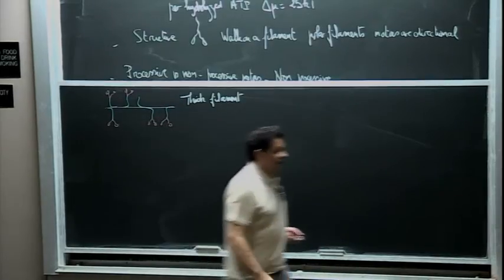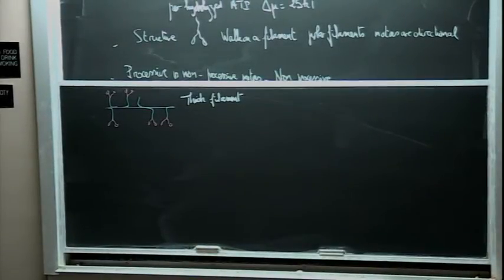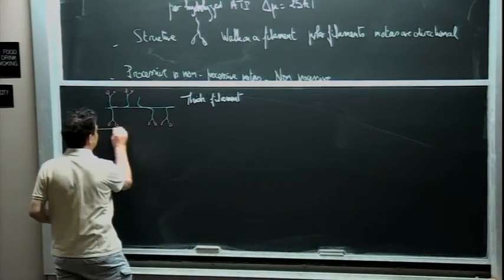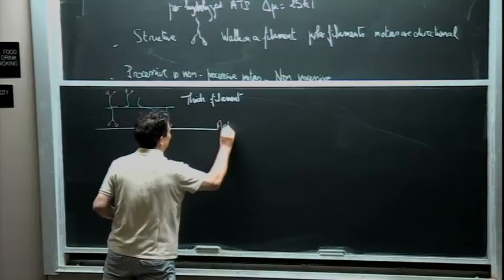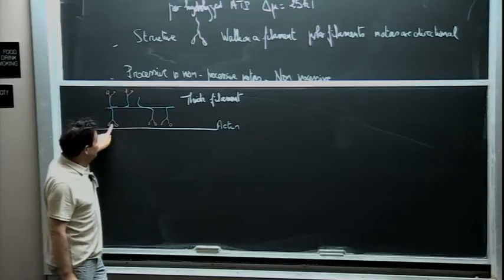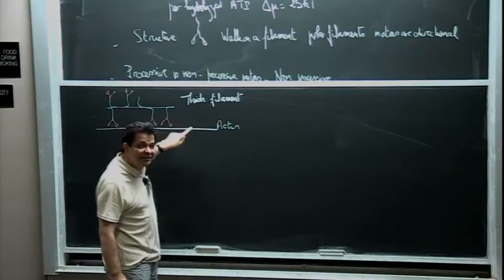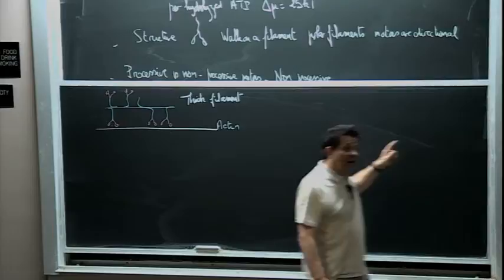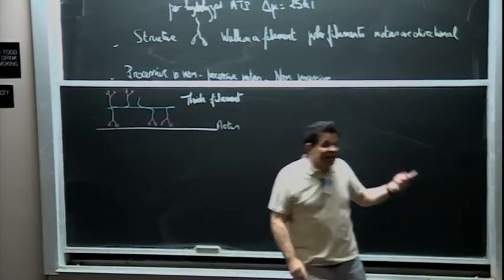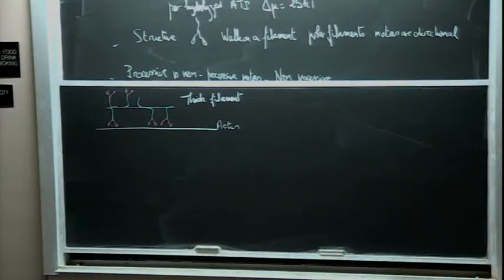The idea is that if you have an actin filament below, I can draw it in white, this motor will bind and then give a kick, then it goes away, but another one can bind and give a kick, and so forth. So if you have enough motors in this thick filament, there is always at least one motor bound, and this aggregate of motors can operate. So the idea is that you have to make aggregates of motors so that there is always one motor in contact with the actin filament.